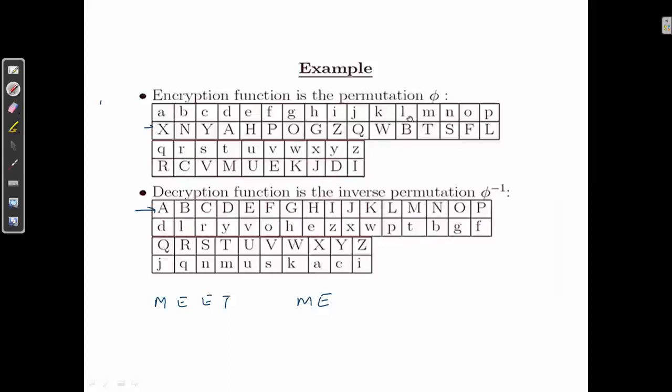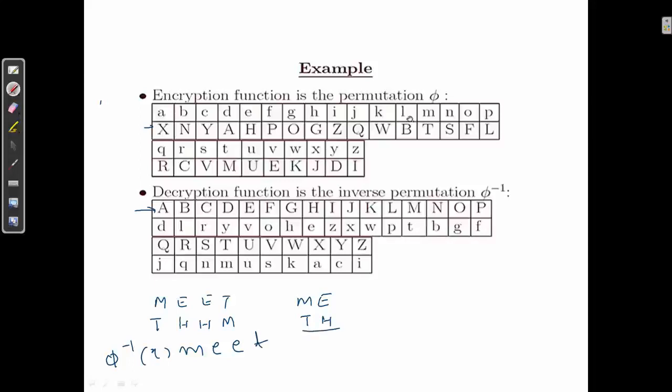M goes to T, E goes to H, again E goes to H, and T goes to M. Then M goes to T and E goes to H. Now for phi inverse decryption: T goes to M, H goes to E, again H goes to E, and T goes to M, and similarly you can decrypt it.